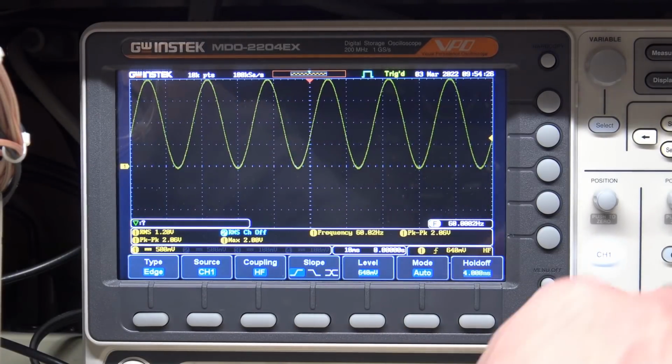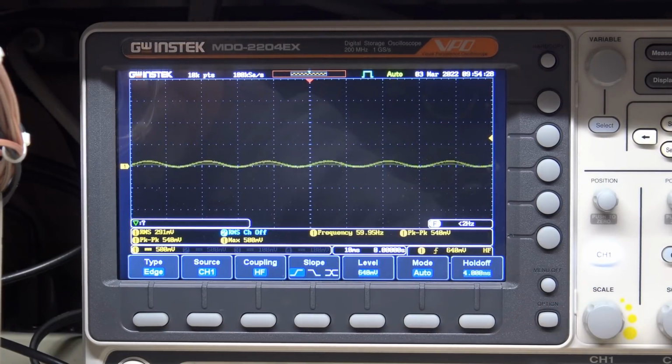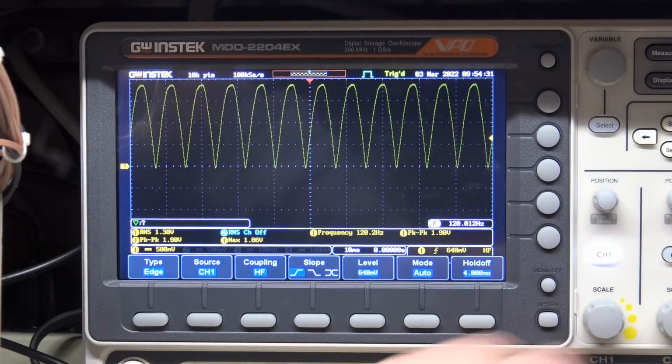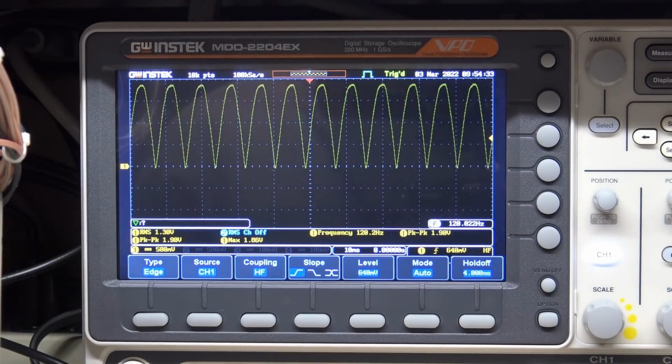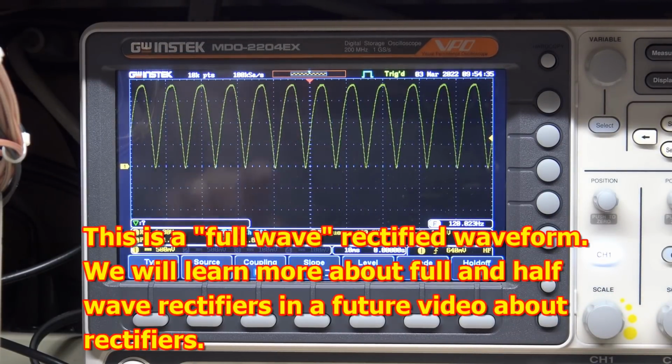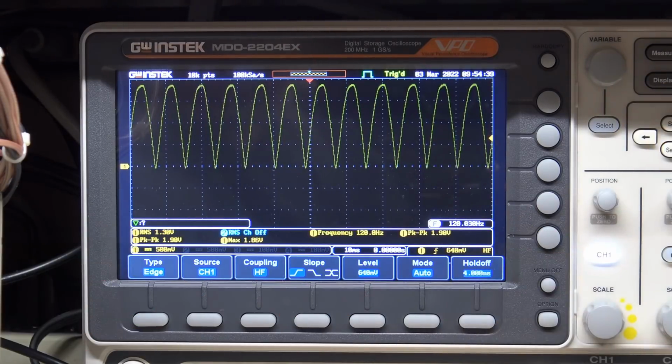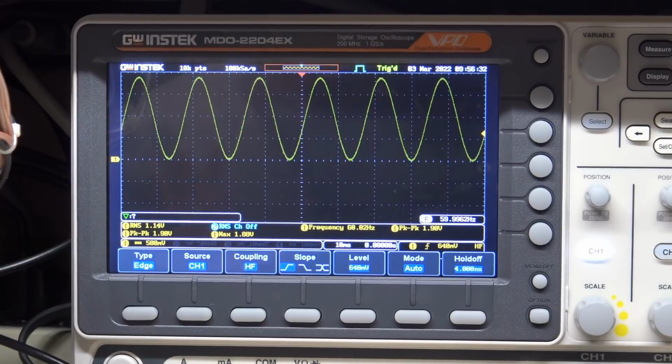And if we compare that to a rectified AC signal, you can see how they look very different. And if you notice, the RMS value will change between the two. And again, these are two different signals because my signal generator won't drive a bridge rectifier properly. It doesn't have enough output current.